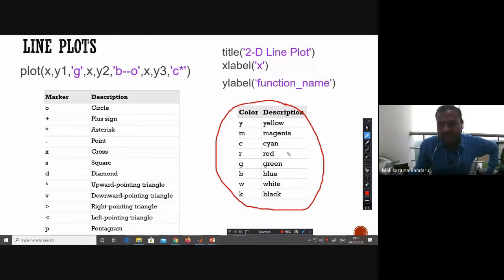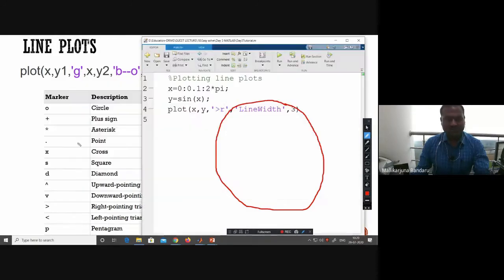These are the available color formats here. And see the styles, whatever you want, like the circle, just now I've shown you the plus, asterisk, and point. If you want to visualize at every nodal point, you can make it, or the cross means simply x, square means you take the s value like that. So these are the options, what type of styles you want to visualize.